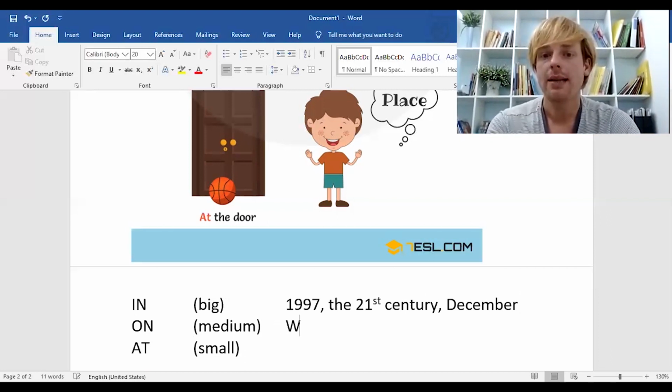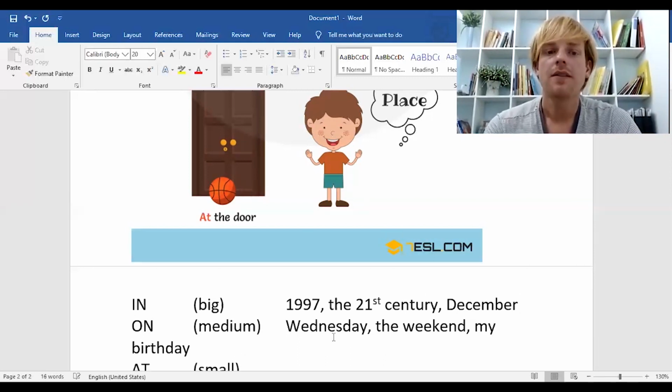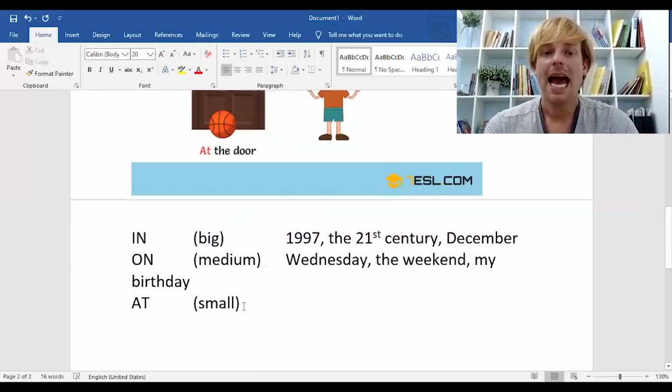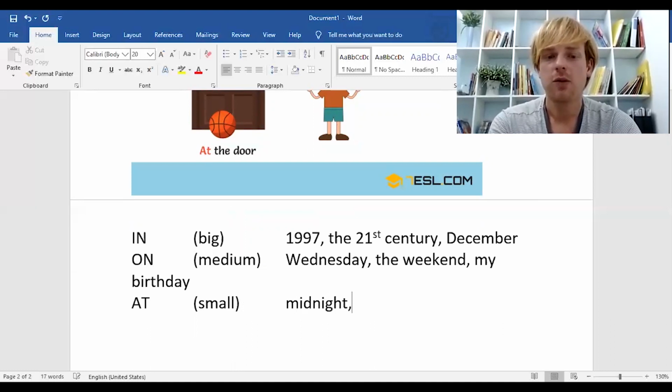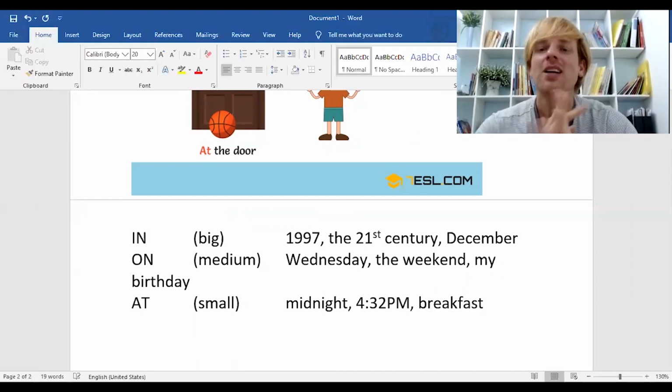On the weekend. On my birthday. Okay, all of these are "on". They're medium, a day. And then "at", that's small. So at midnight. At 4:32 p.m. At breakfast. Okay, so I hope these examples can show you this is the easy way to remember prepositions.